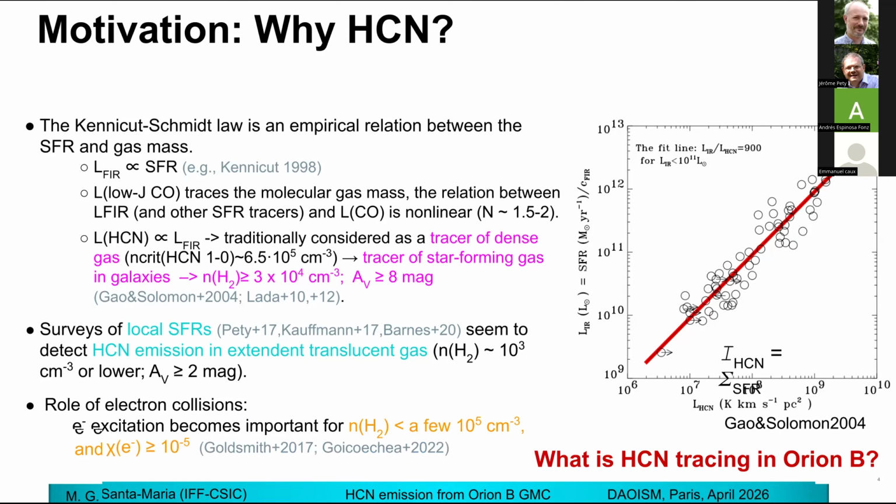And then Goldsmith and Goicoechea found, using models and collisional rates, that electron collisions play an important role when the density is lower than a few 10^5 and the ionization fraction is higher than 10^-5. We'll hear more about the ionization fraction on Friday from Ivana.